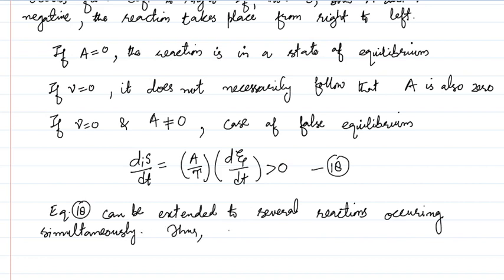Suppose if we have R reactions, and if we name them as, suppose ρ will change from 1 to 2, 3, 4 up to R, and these are occurring simultaneously.